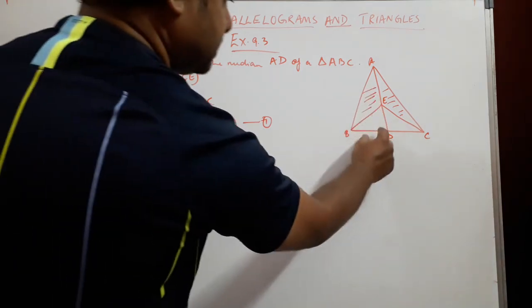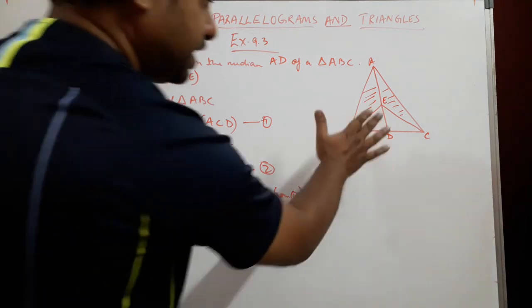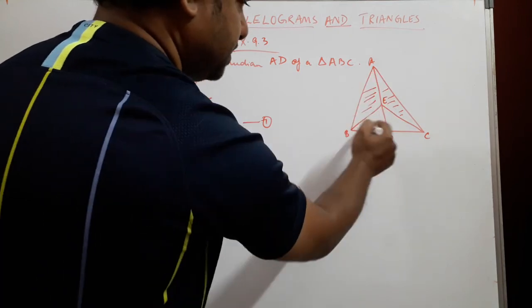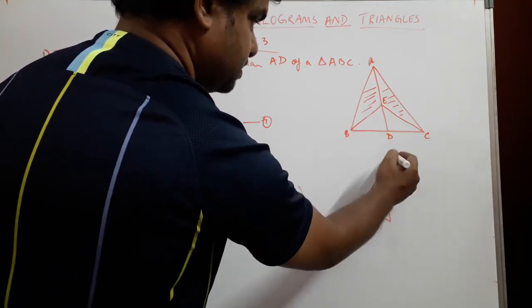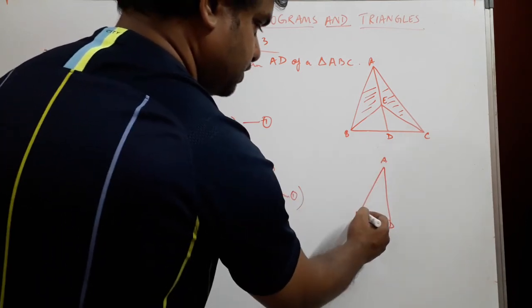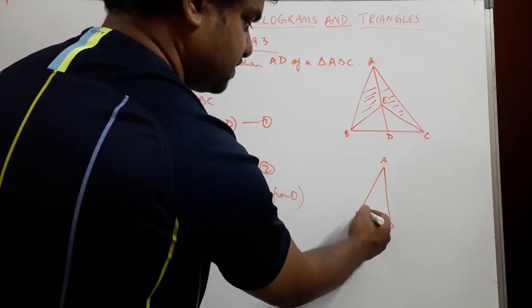When we subtract this part, we are taking out a piece of triangle ABD. Here is your triangle ABD, and we are trying to take out a piece of that. Imagine this like a slice of cake, and from that slice we are taking another slice.